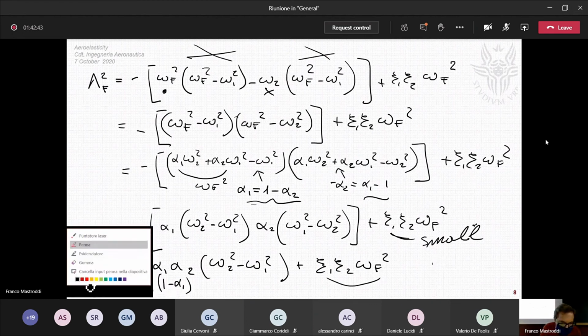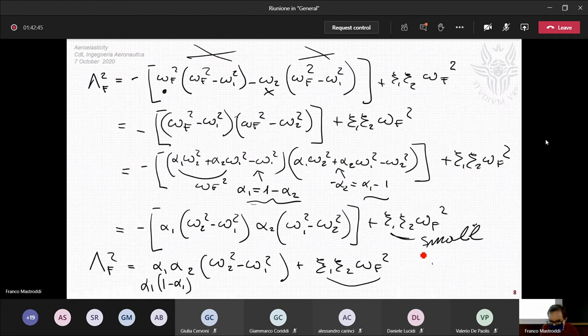Interesting equation. Is this. This is minus alpha 1 square plus alpha 1.